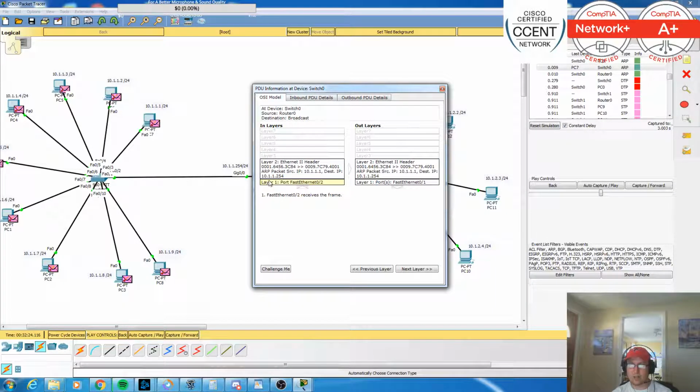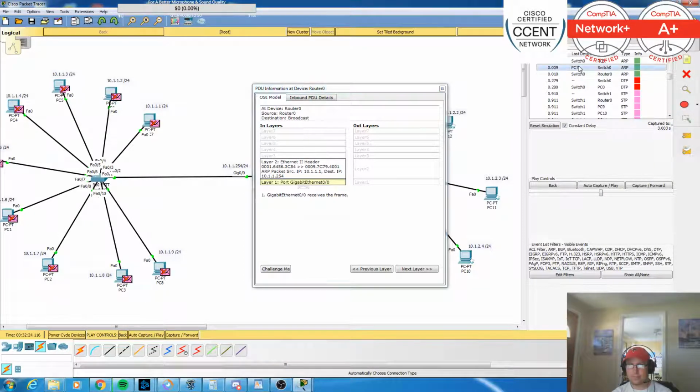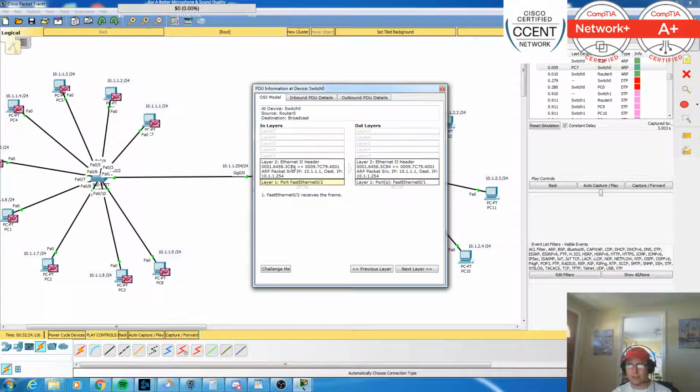The destination is 10.1.1.254. Now notice the MAC addresses stay the same, in and then going out. Stays the same. Notice here, stays the same. Here the source MAC address stays the same.